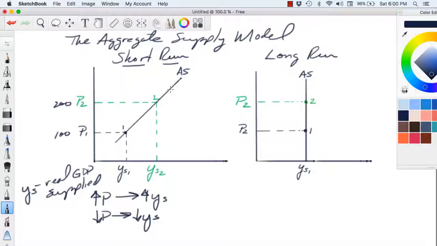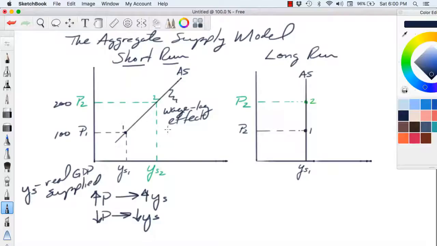Now this upward sloping aggregate supply curve, as you'll see in just a minute when I explain what goes behind this upward slope, assumes that there is what we call a wage lag effect. It also assumes that there's a misunderstanding on the producer's part.